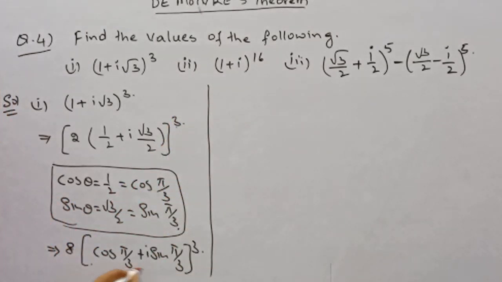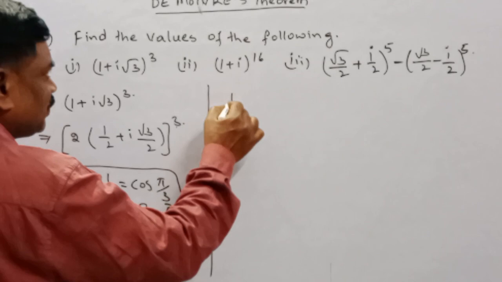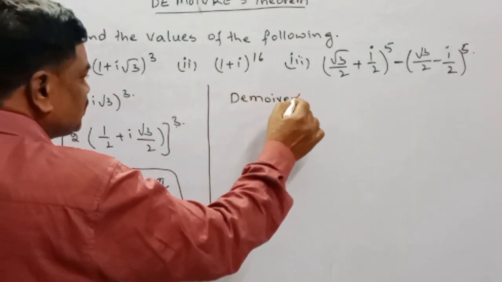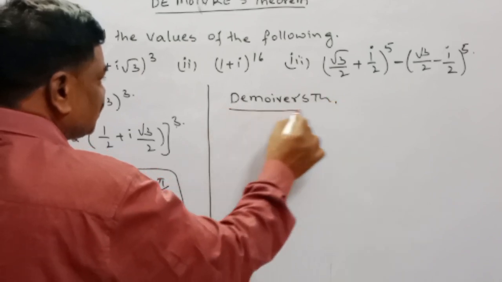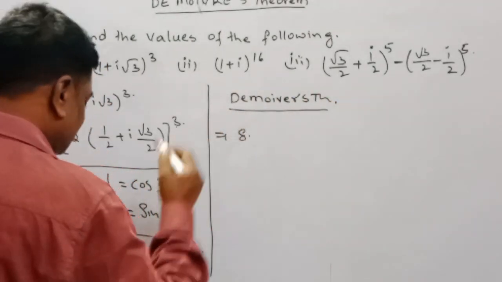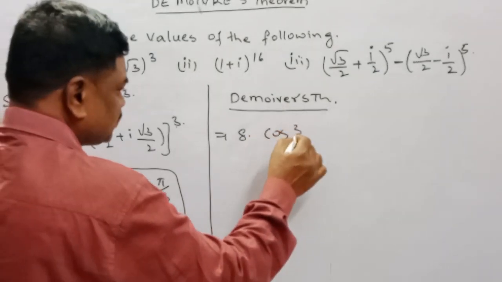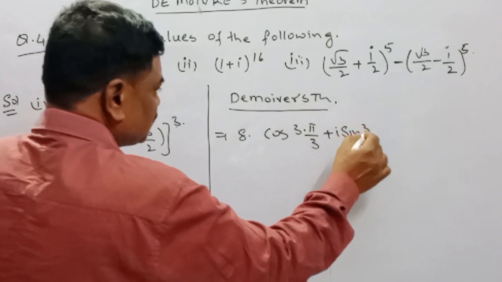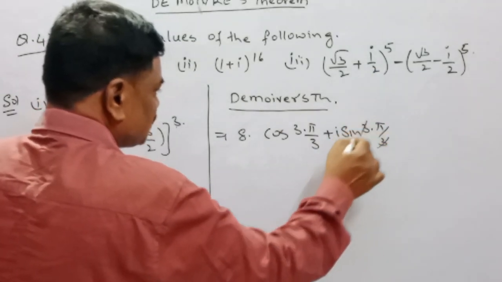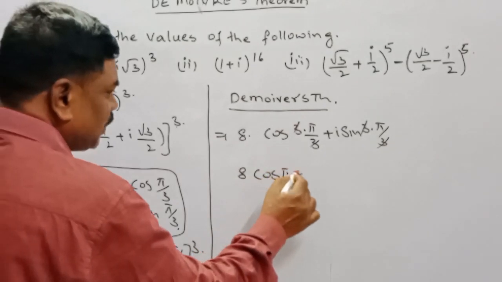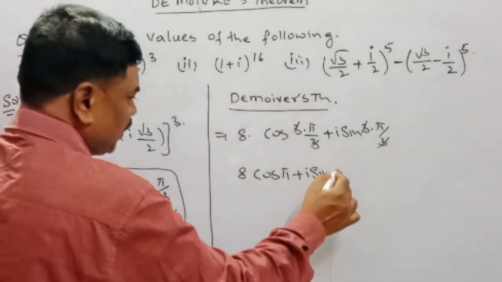So by using De Moivre's theorem, this implies 8 into (cos 3 pi by 3 plus i sin 3 pi by 3). The 3 cancels: 8 into (cos pi plus i sin pi).